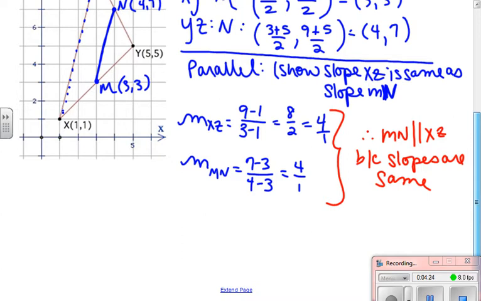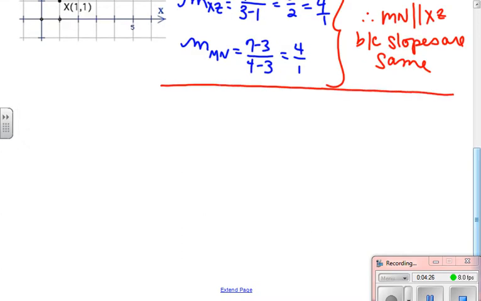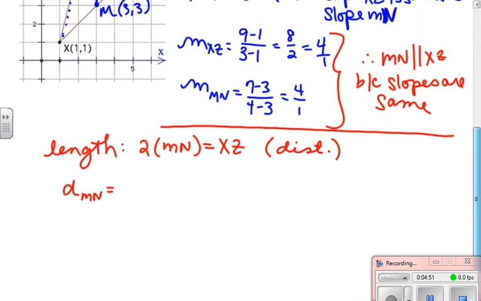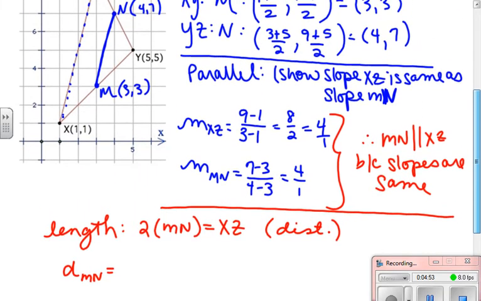Now, our next piece is length. And what we know has to be true in a midsegment is that 2 times MN has to be the same as XZ. So that, using the distance formula, is what has to be true. So again, I do the distance and I say MN. I use those little subscripts. So what are our coordinates again?